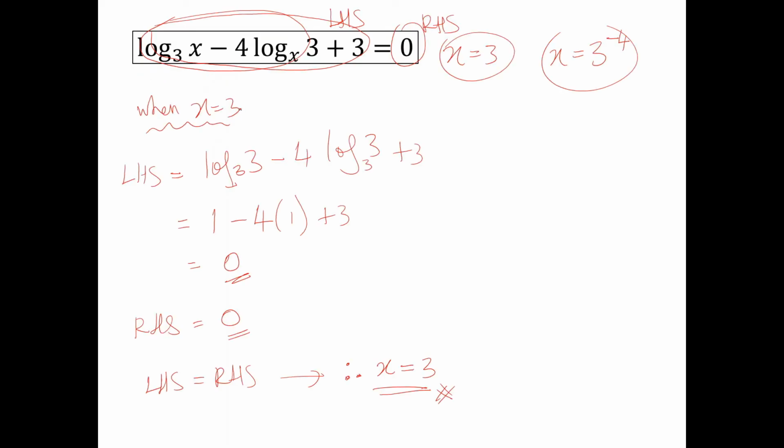Now we have to check for the case of x equal to 3 to the power of negative 4. So when x equal to 3 to the power of negative 4, we substitute this value into the equation, log x base 3 minus 4 log 3 base x plus 3 equal to 0.